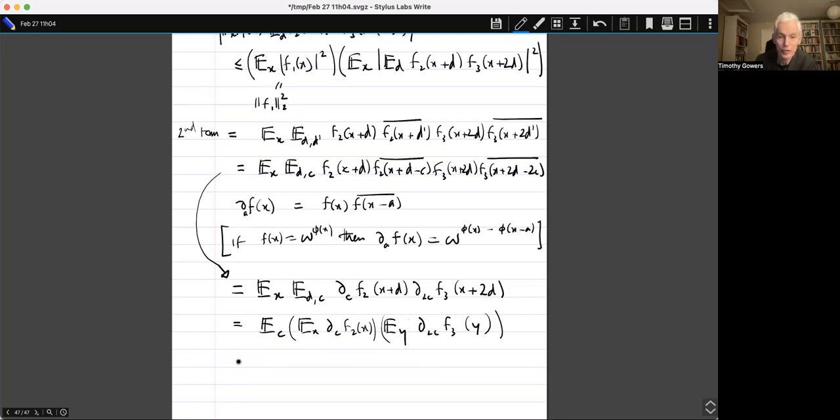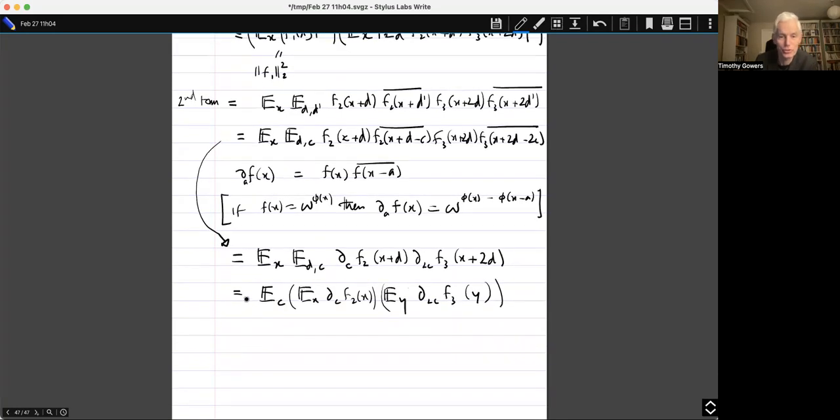And now it's really tempting to apply Cauchy-Schwarz again, so that's less than or equal to the average of c, average of x, partial c f2 of x squared, to the half, and the average over c, average over y, partial 2c f3 of y bar squared, to the half.